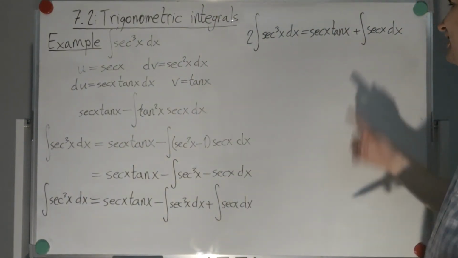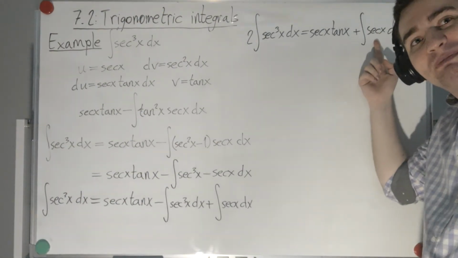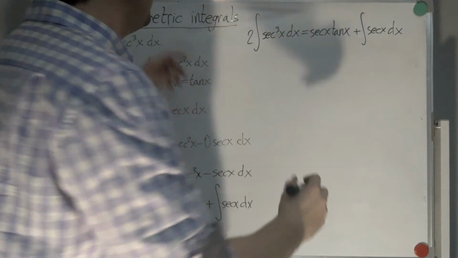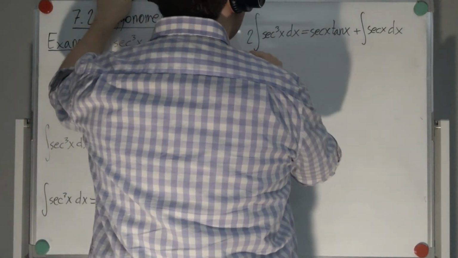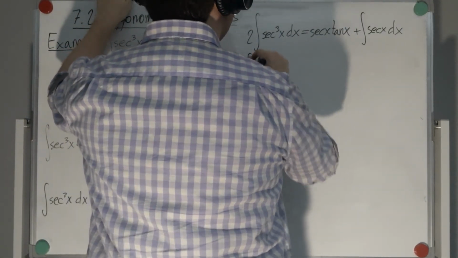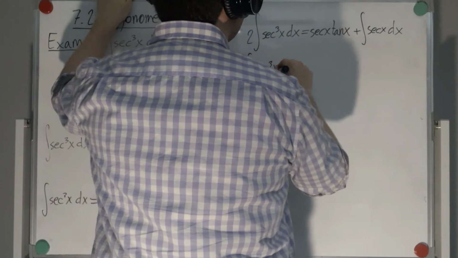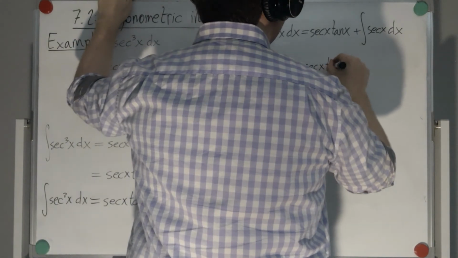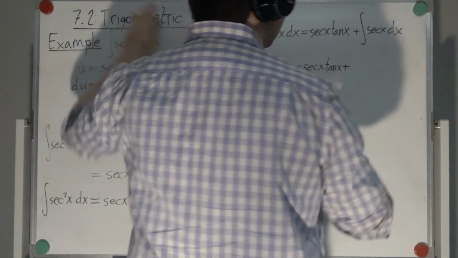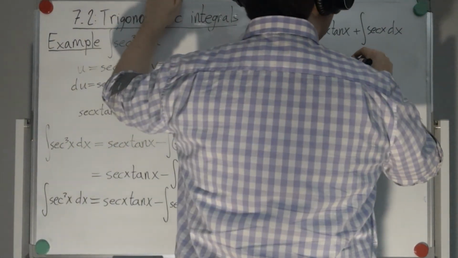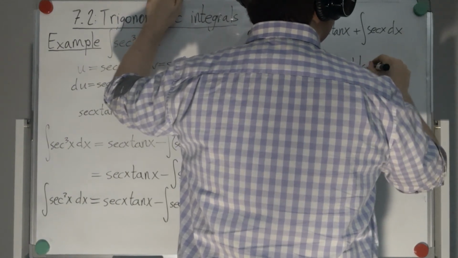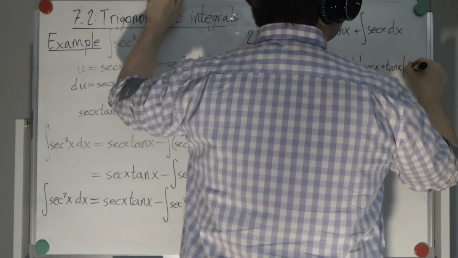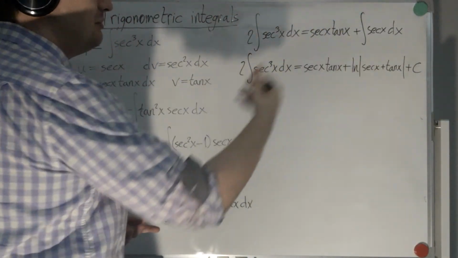So now from here, the integral of secant x, we happened to do that at the beginning of class today. So this turns into 2 times the integral of secant cubed x dx. This becomes secant x tangent x plus, as we saw earlier today, the natural log of the absolute value of secant x plus tangent x plus c, and then just divide both sides by 2.